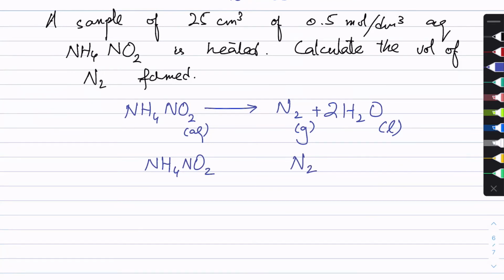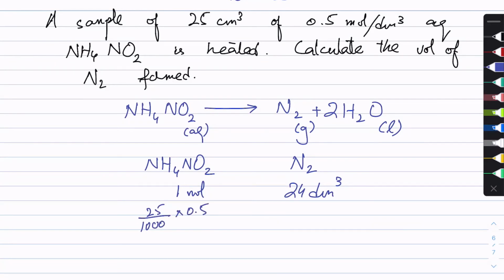And because this is a solution, I can only compare its moles. So I'll take 1 mole because equation में 1 दिया हुआ है ना उसने. And what is the value of 1 mole of nitrogen gas? 24 dm cube. Okay. Now, how many moles do I have? Moles is concentration times volume. So 25 over 1000, because of cm cube, I need to convert it to dm cube, multiply by 0.5.